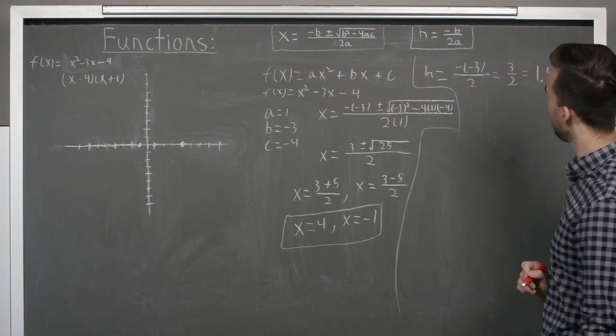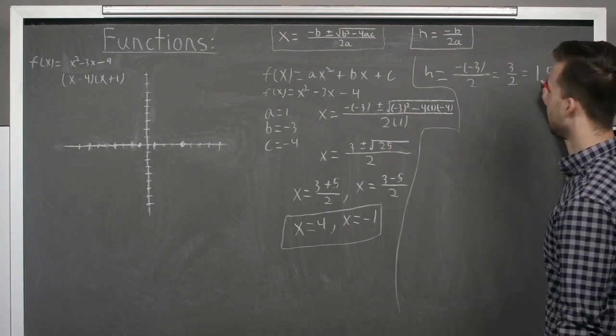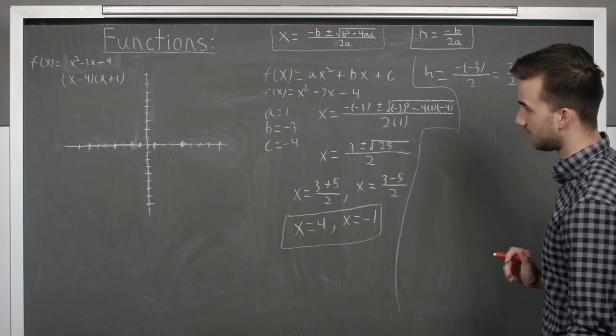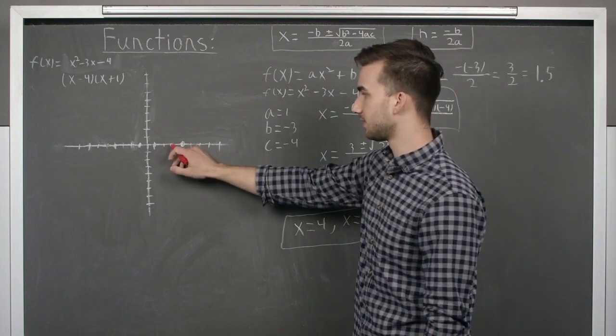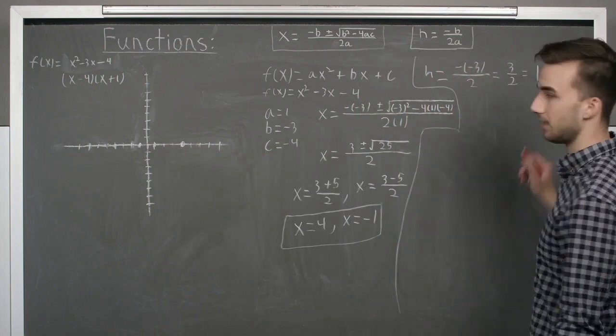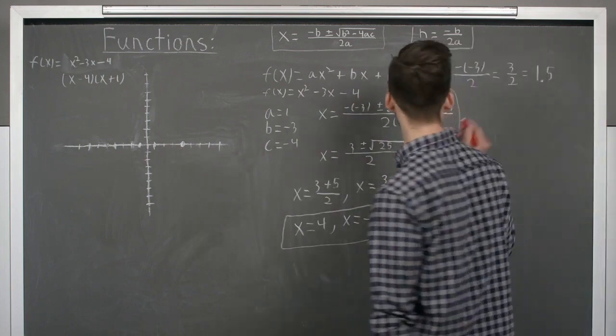Now, this is the x value where our vertex is. Remember, the vertex is not on the x-axis. It is somewhere else.